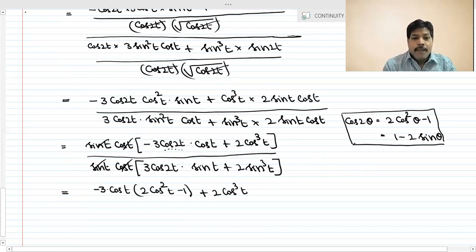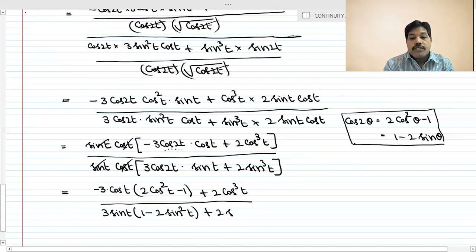So 3 minus 3 cos t into cos 2t can be written as 2 cos square t minus 1, whole by, and in the denominator, 3 sin t into cos 2t, I use the second formula, that is 1 minus 2 sin square t, plus 2 sin cube t.